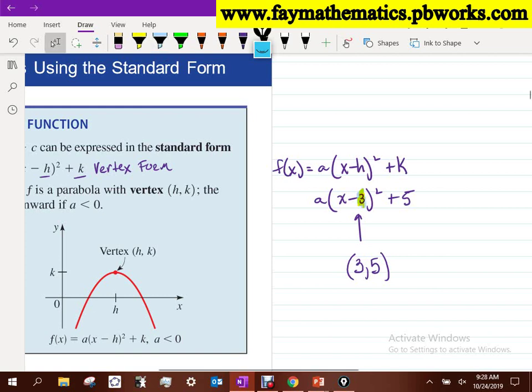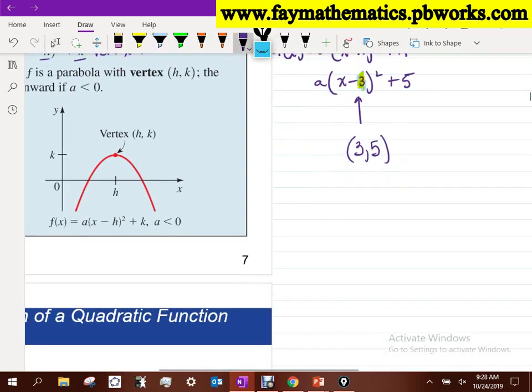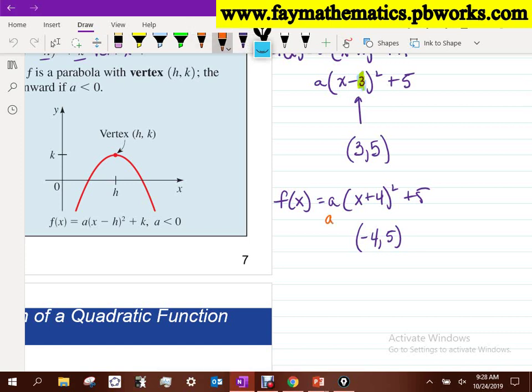Okay? Let me ask you this question. If I have f of x equals a, let's go x plus 4 squared plus 5, where's that plus 4 taking my 0, 0? It's going to move my function to negative 4, right, in the x direction? And then 5. Now here's the reason. Isn't a times that quantity the same thing as this? Does that make sense?